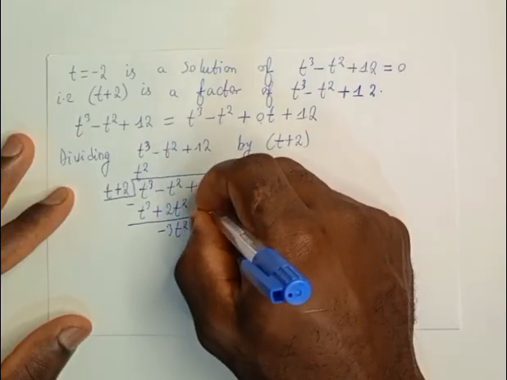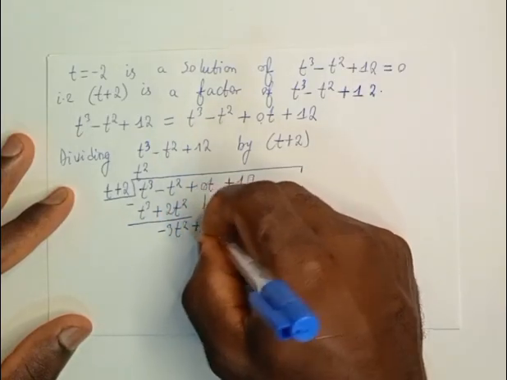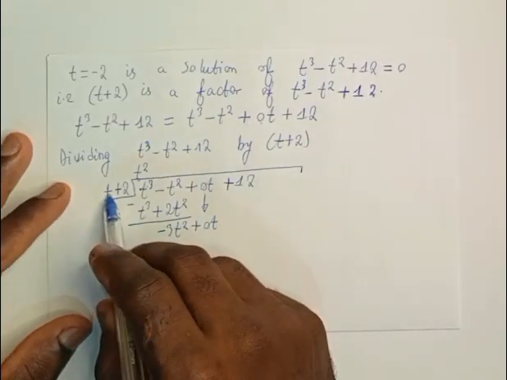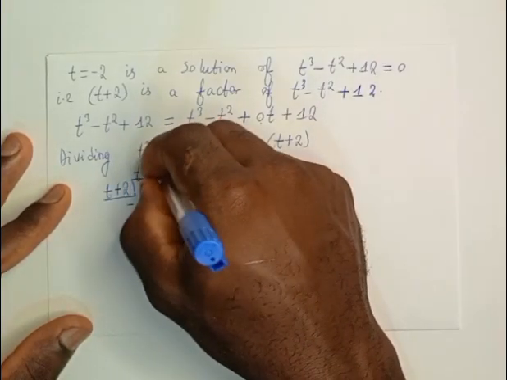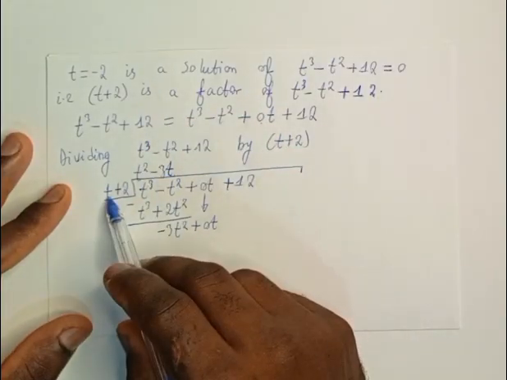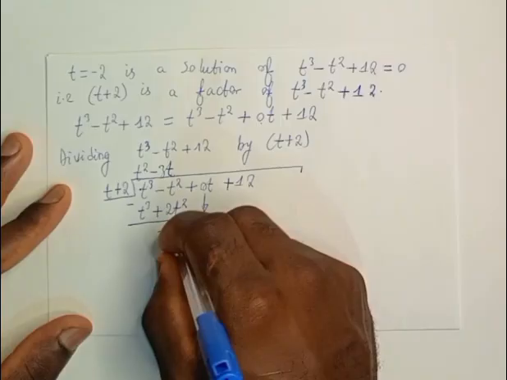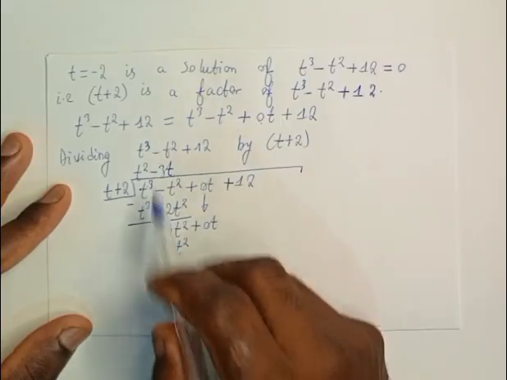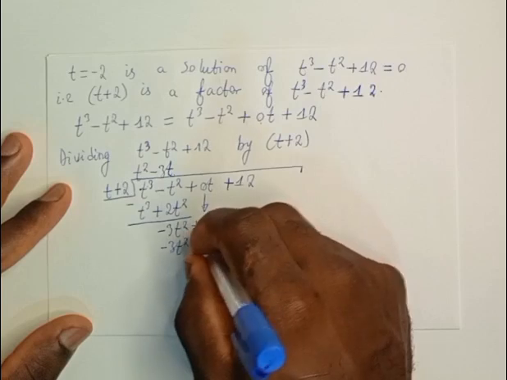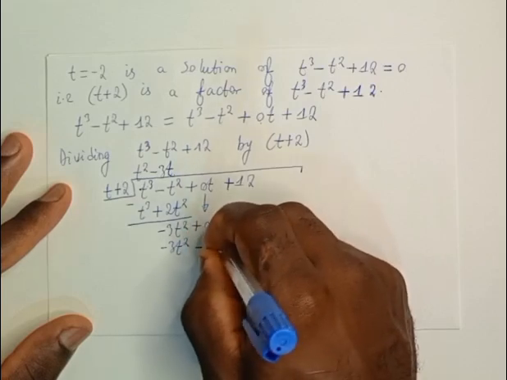Here we bring down plus 0t. Negative 3t squared divided by t gives us negative 3t. Negative 3t times t gives us negative 3t squared. Negative 3t times 2 gives us negative 6t.